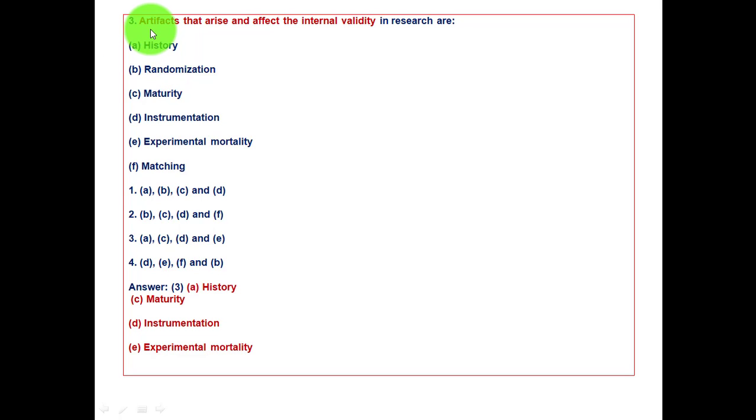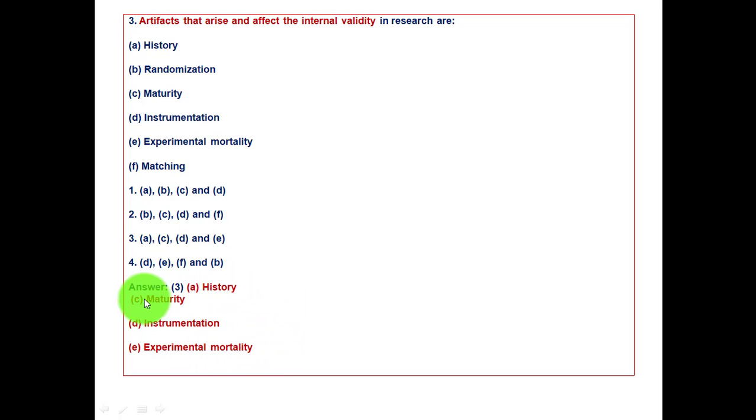Question number 3. Artifacts that arise and affect the internal validity in research are: A, history; B, randomization; C, maturity; D, instrumentation; E, experimental mortality; and F, matching. Now we need to find the artifacts that may arise and affect the internal validity in research. History is one artifact that may arise and affect the internal validity, and also maturity, then instrumentation, then experimental mortality.